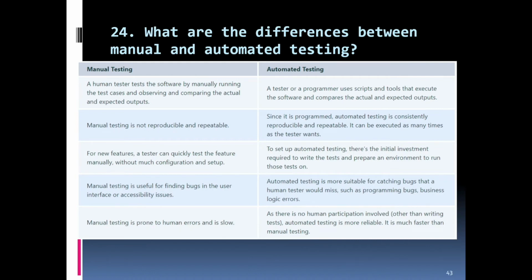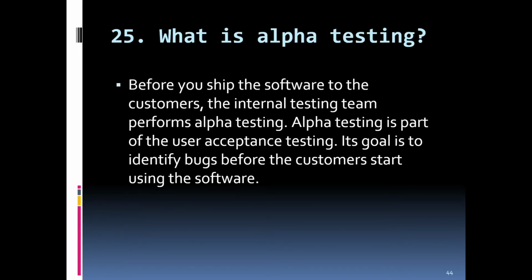So that's the main difference between manual and automation testing, but that's not the only difference. We will come to know more differences in the upcoming videos. What is alpha testing?